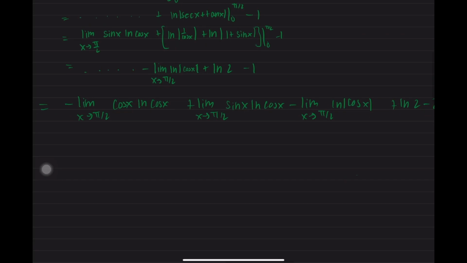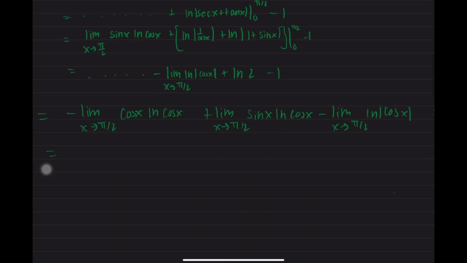Okay, now let's see, what can we get with this? So as x approaches pi over 2, let's look right here first. As x approaches pi over 2, sine x approaches 1. And we can really just multiply this out, and we'll get plus the limit as x approaches pi over 2 of ln of cosine of x. And here we have minus the limit as x approaches pi over 2 of ln of absolute value of cosine of x.